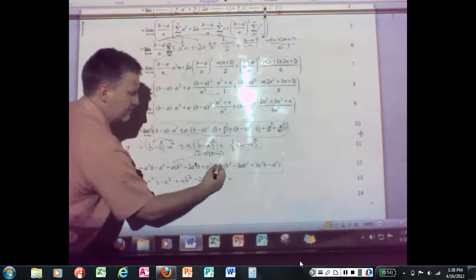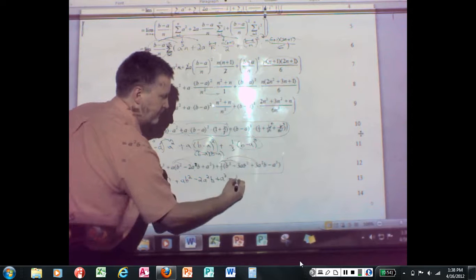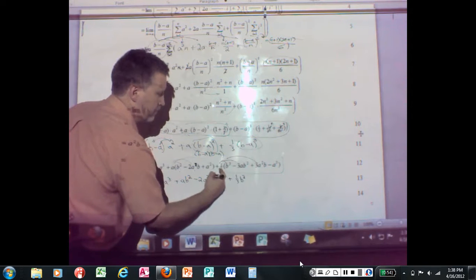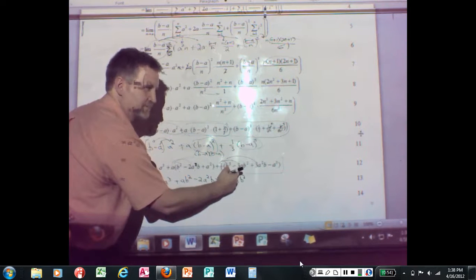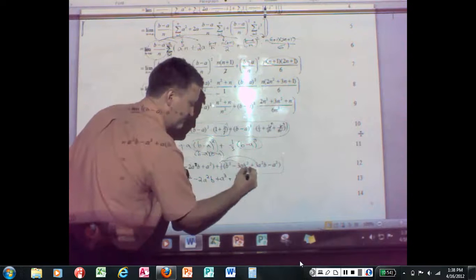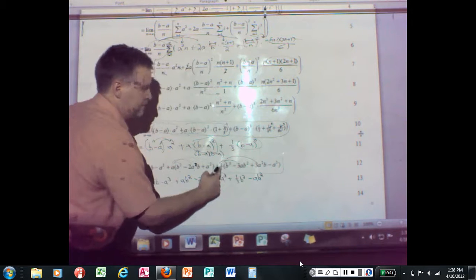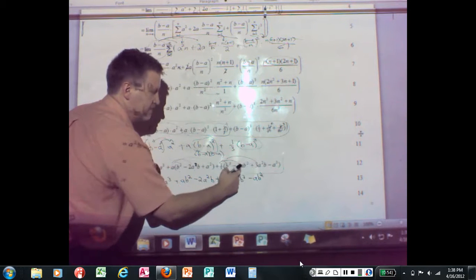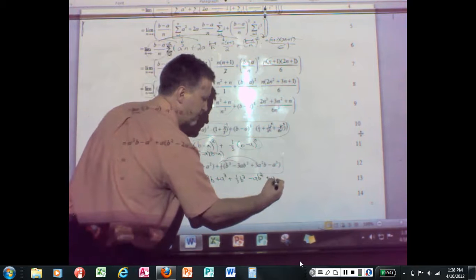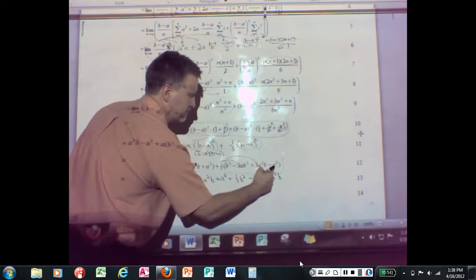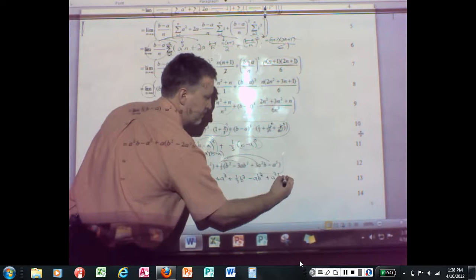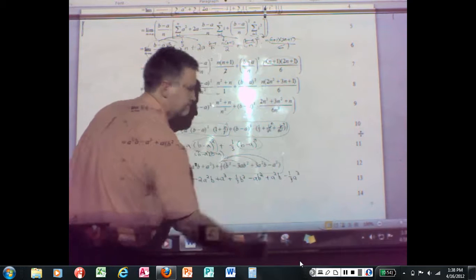Then multiply the 1/3 here. That'll be 1/3 b cubed. 1/3 times minus 3ab squared would be ab squared. Minus 1/3 times 3a squared b would be just a squared b. And then 1/3 times minus a cubed is minus 1/3 a cubed.